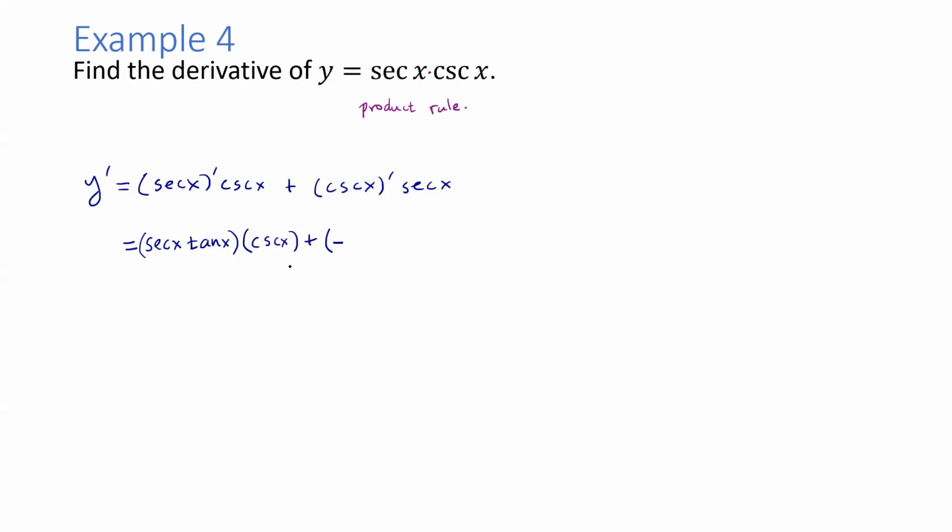It's just negative, and instead of secant x tangent x, it's cosecant x cotangent x. Okay, so that's it. You could probably simplify this some if you want, or if not, you can just leave it like this.